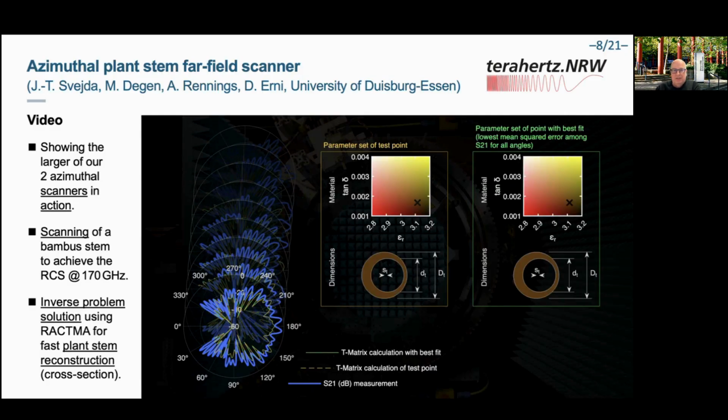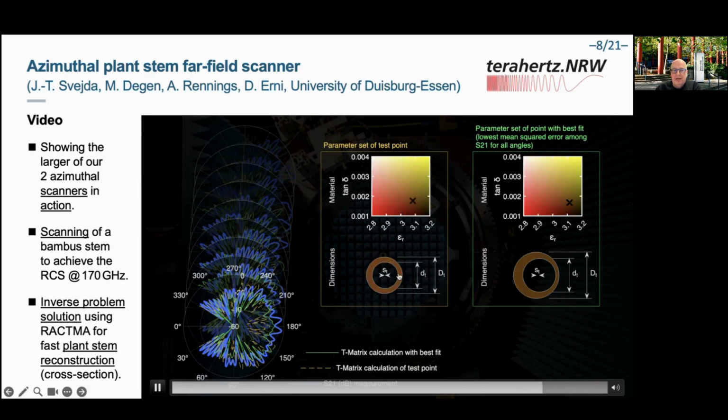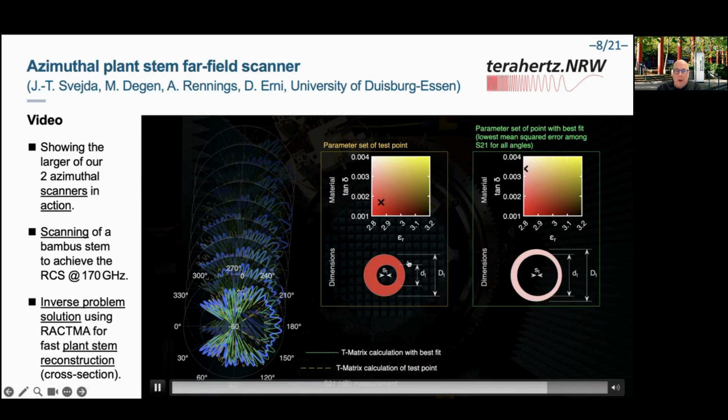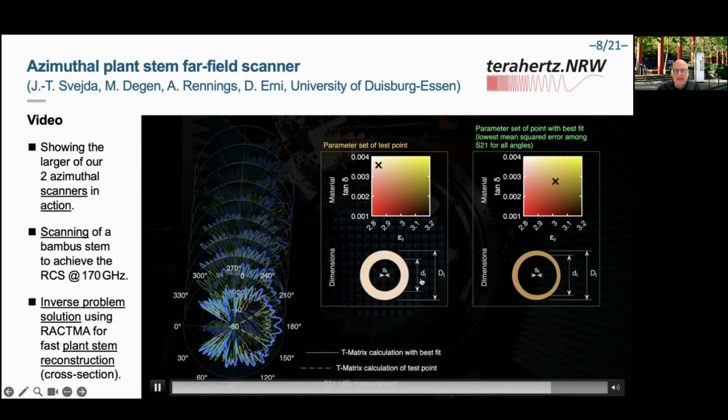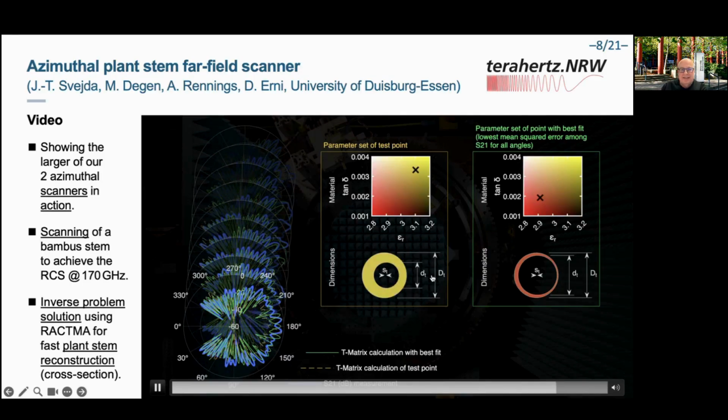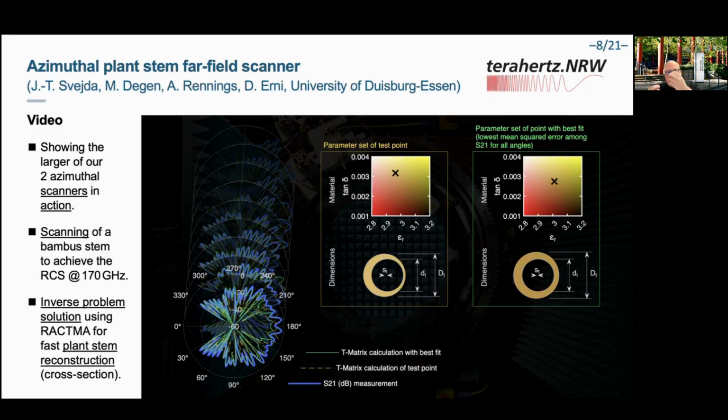The inverse problem uses our T-matrix approach. So the bamboo stem is parameterized by the inner and outer diameter and the eccentricity, and also the material properties of the dielectric function. And what you see here is this ongoing optimization process, which will end up with the best fit to the measurement.